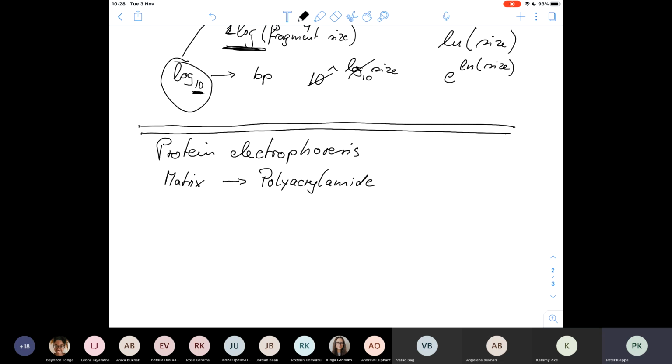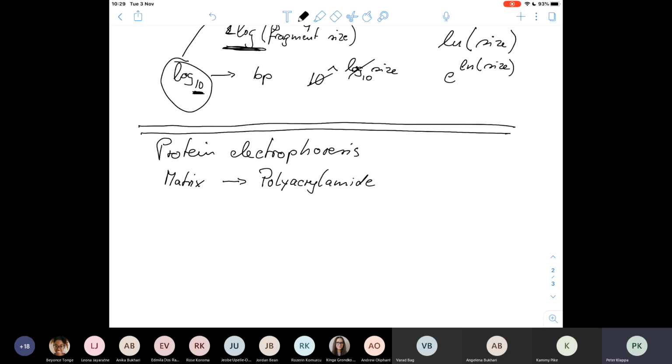So with proteins, we don't know which direction they are moving. Therefore, if we want our proteins to move always in the same direction like DNA, we need to force a charge on them.